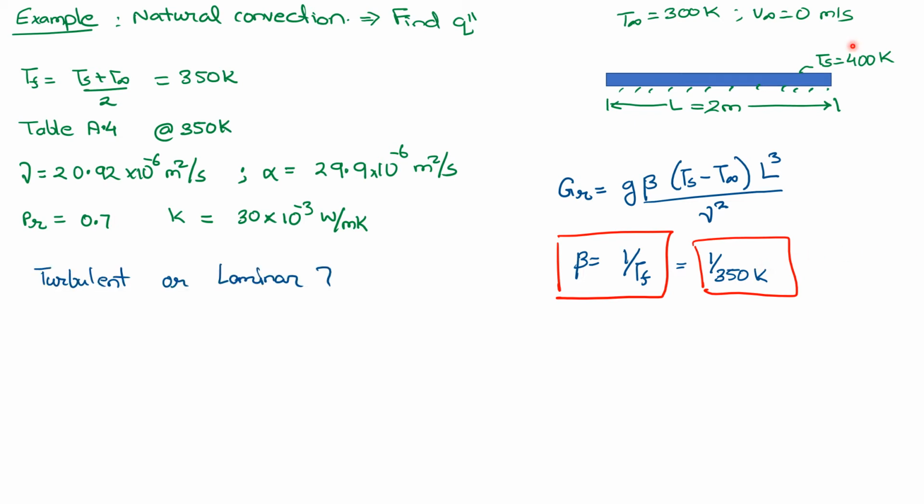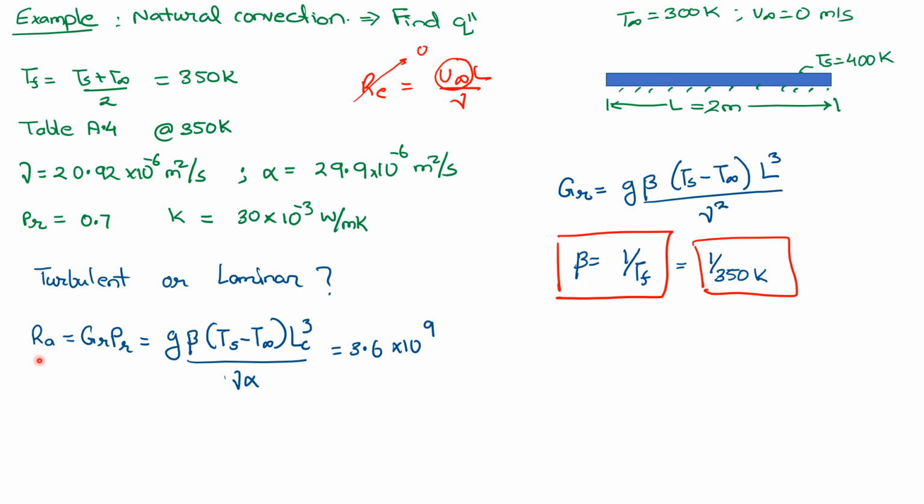So now our next step is to characterize the type of flow. Because our U infinity is 0, and the formula for Reynolds number has U infinity L by mu, because this is 0, we can't say anything about the Reynolds number, but we still have a flow being created due to natural convection, and we need to characterize the nature of that flow.